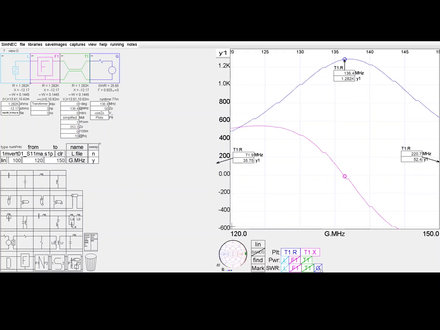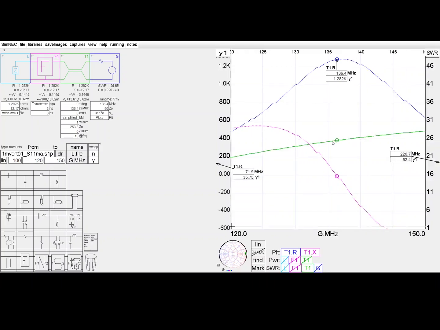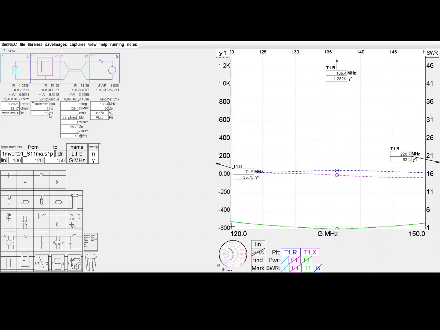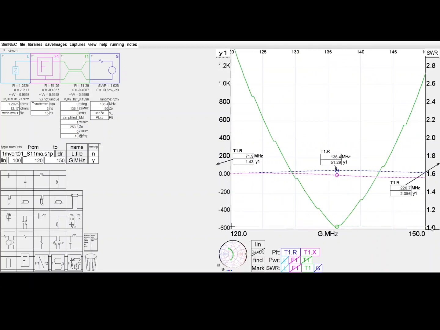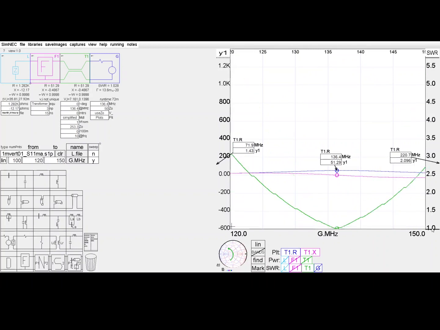And if I was to turn on a SWR plot, so you can see the SWR of the bare or the native end-fed half wave is 26 to 1 in terms of 50 ohms. But we were able to transform that down with the broadband transformer and get quite a respectable looking VSWR curve. Again, the jag is the result of a limited number of scan points and the interpolation between them.